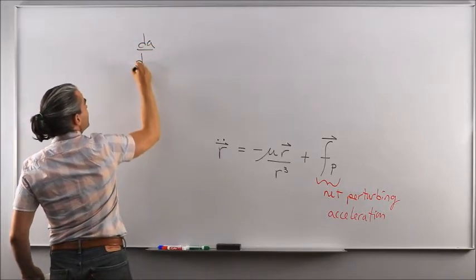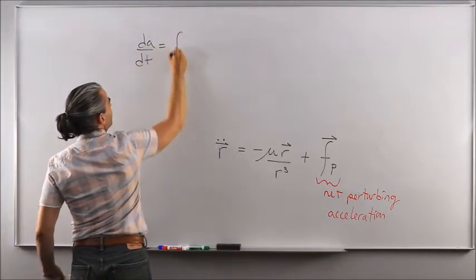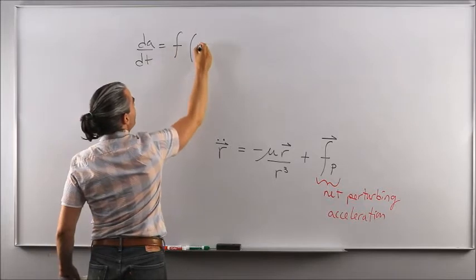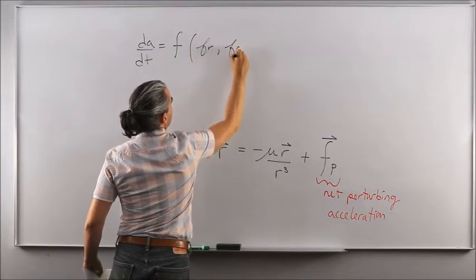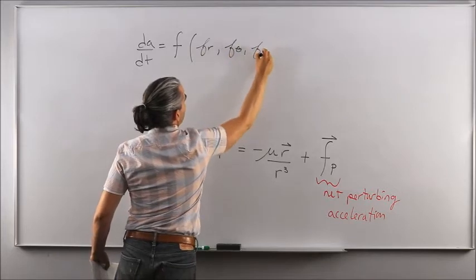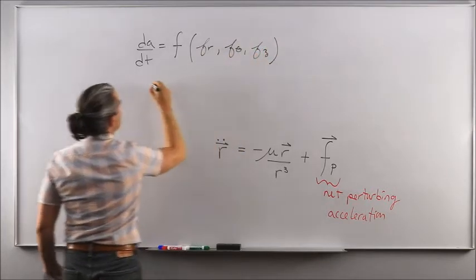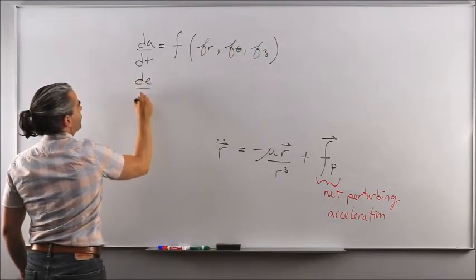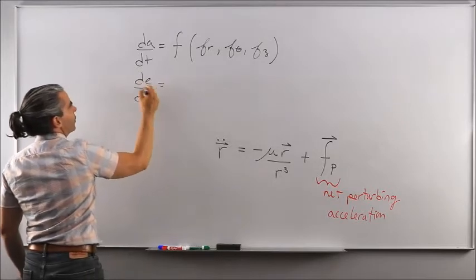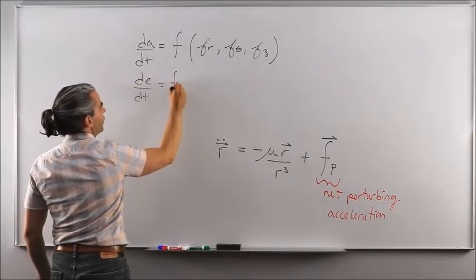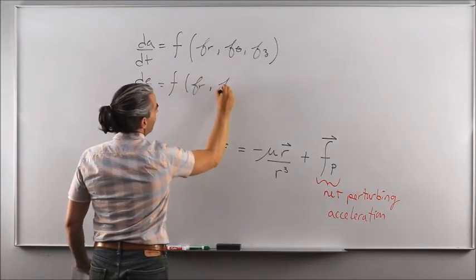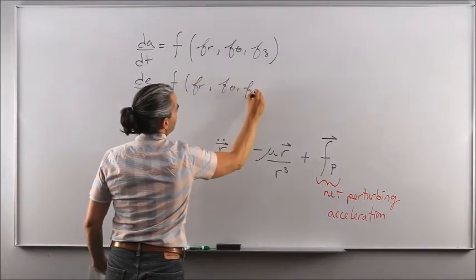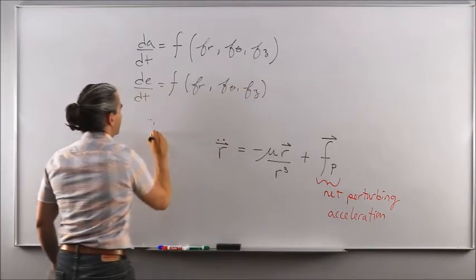Those 3 things are Fr, F theta, and Fz. And the same goes for the other orbital elements: the rate of change in eccentricity is a function of Fr, F theta, Fz, and so on.